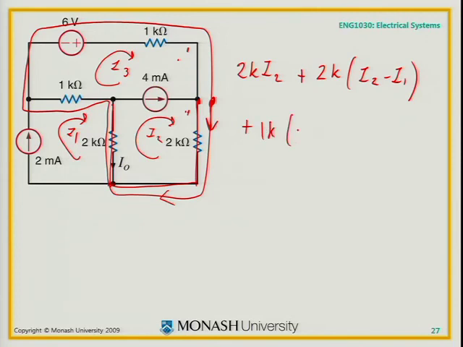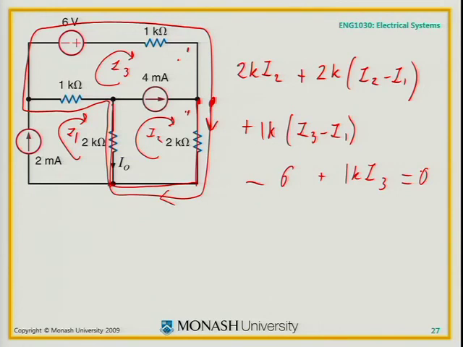Has he got the direction right? Yep. I3 minus I1. Minus 6 plus 1k I3 equals 0. Well done. 10 coffee vouchers. Not all at once, please, or I'll get sued. Okay, just spread them out. Give them to your friends. So, is that all right?